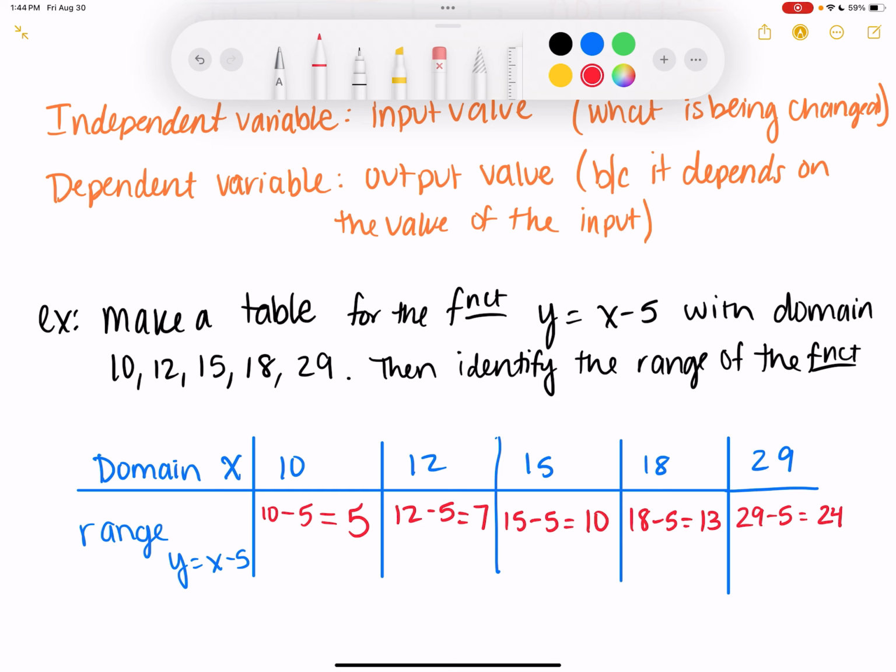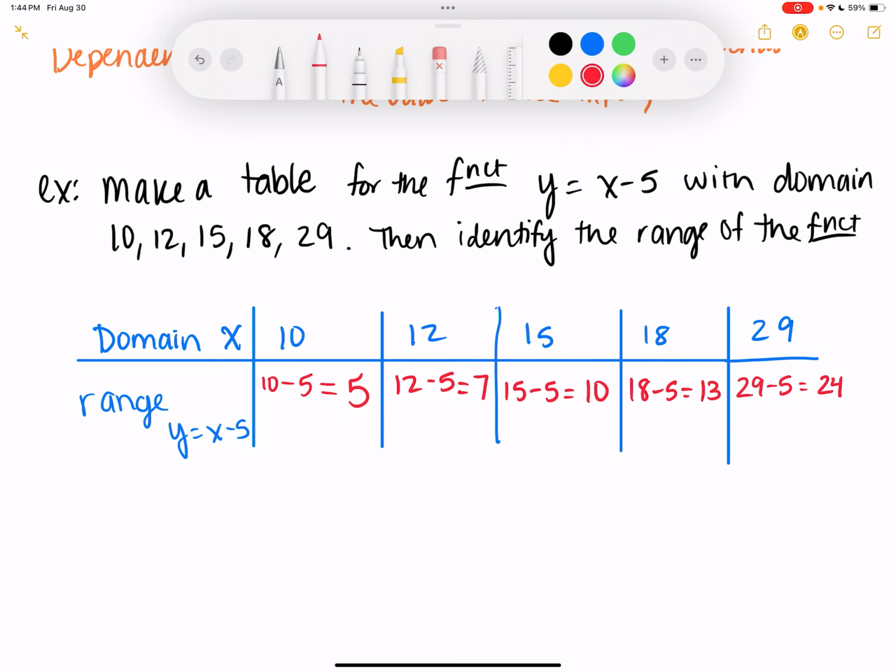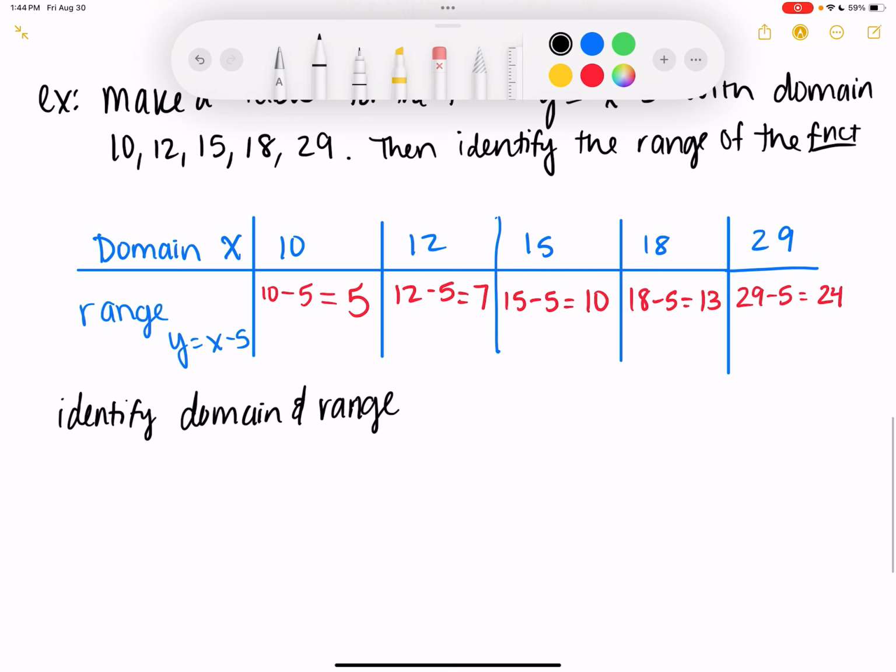All right, now into some book examples. So it's to identify the domain and range of the function. So they give us number 4.